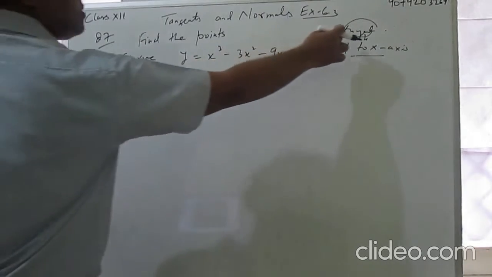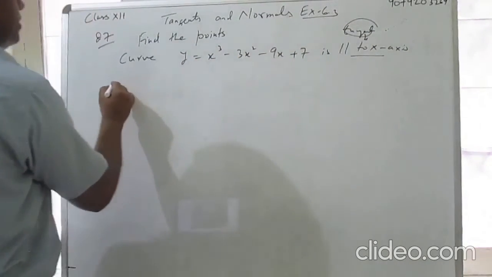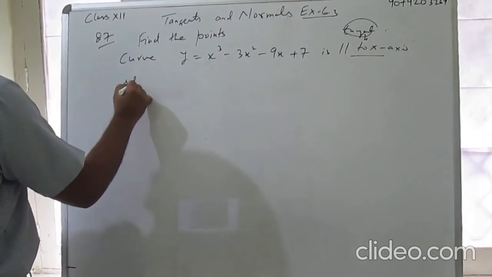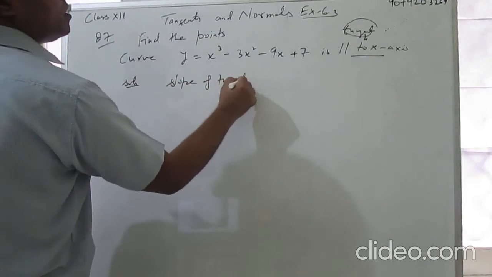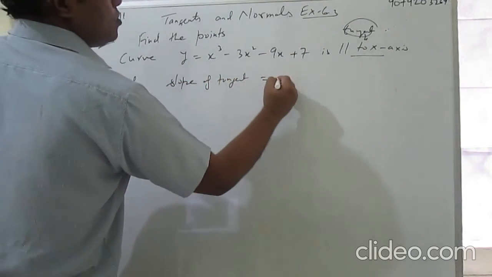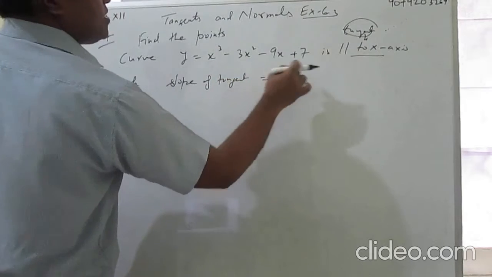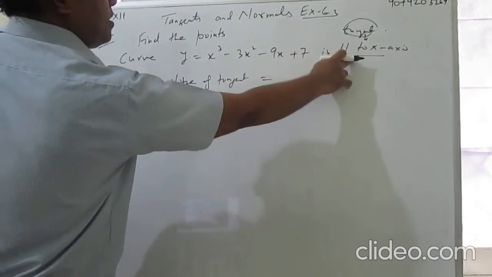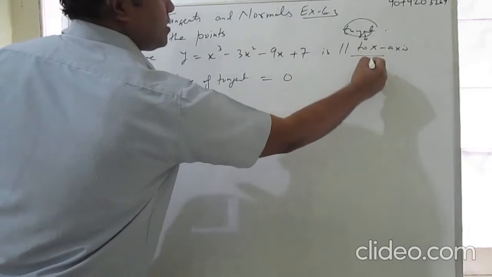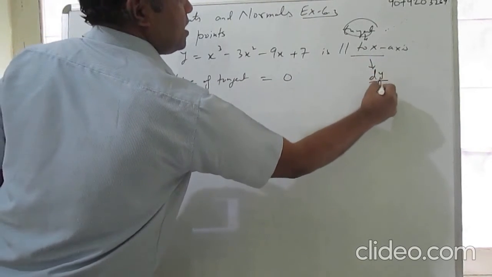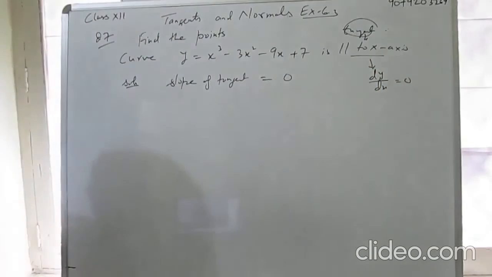So when tangent is parallel to x-axis, it means the slope of tangent is parallel to x-axis. What is that slope? 0. Slope of tangent parallel to x-axis means dy by dx is equal to 0.